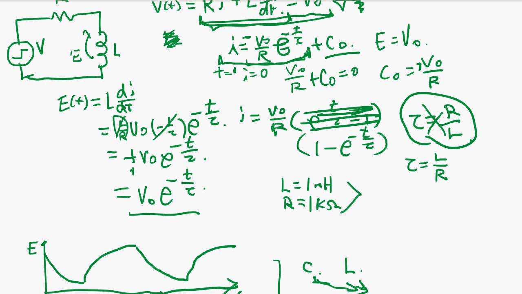So this is gonna be 1 microsecond. So within 1 microsecond, this is gonna come down about half. Okay, but the value of this inductance is not that accurate usually.